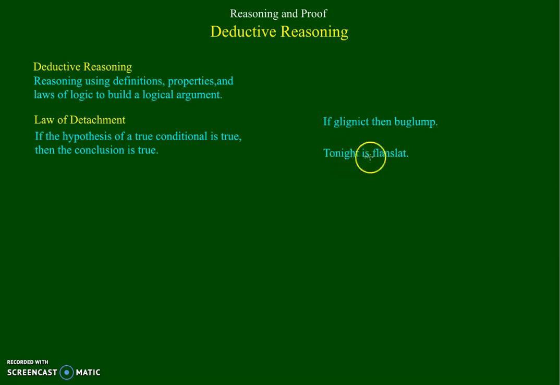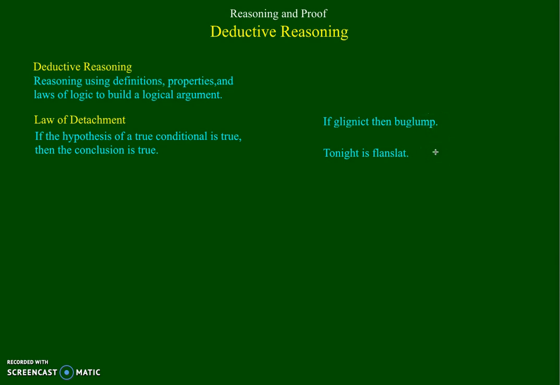So the fact that this is not true, we're not being told that this is true, means we cannot assume that this piece is true. That is the essence of law of detachment. We can only use the law of detachment if the fact we're given tells us that the hypothesis of a true conditional is true, and the only thing we can conclude is that the conclusion is true.